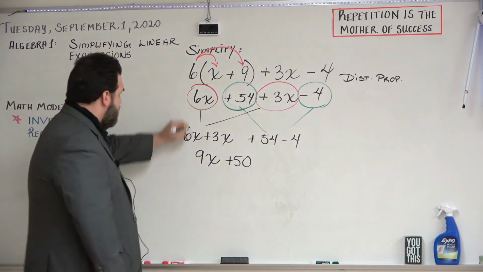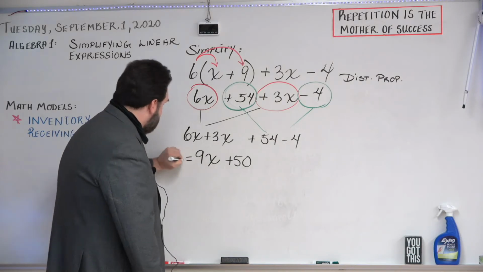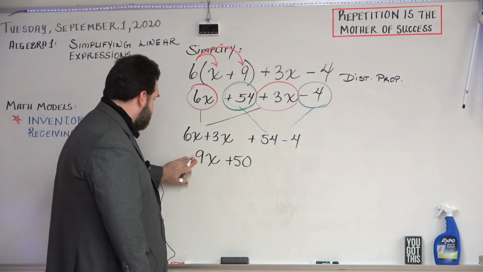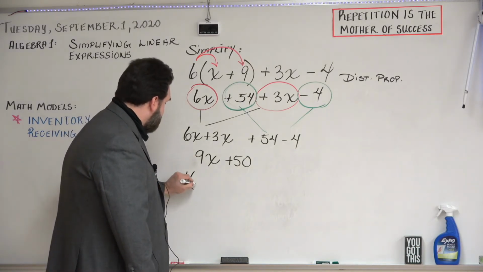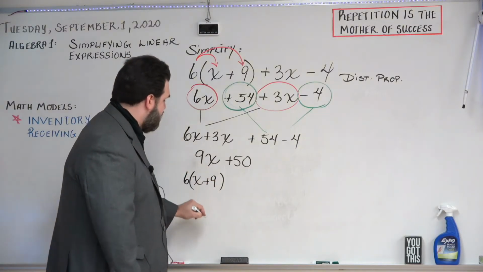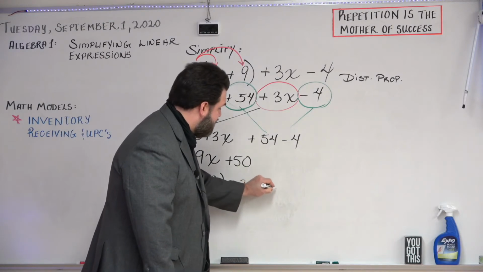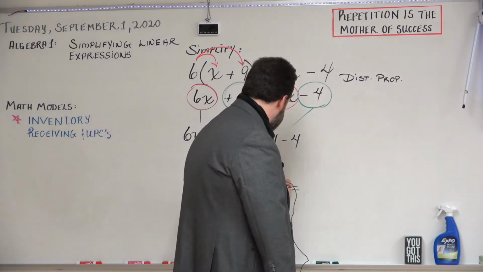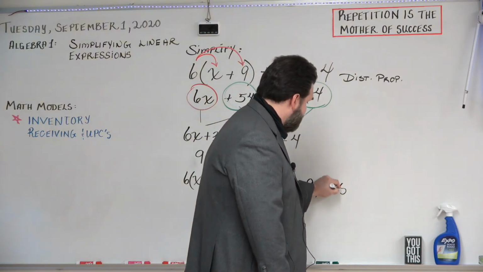So we're going to check it by rewriting the original, and I'll just put it equal to the answer. You rewrite the original up. Might be going off screen if I do that, so I'll just write it again. 6(x plus 9) plus 3x minus 4 equals 9x plus 50.